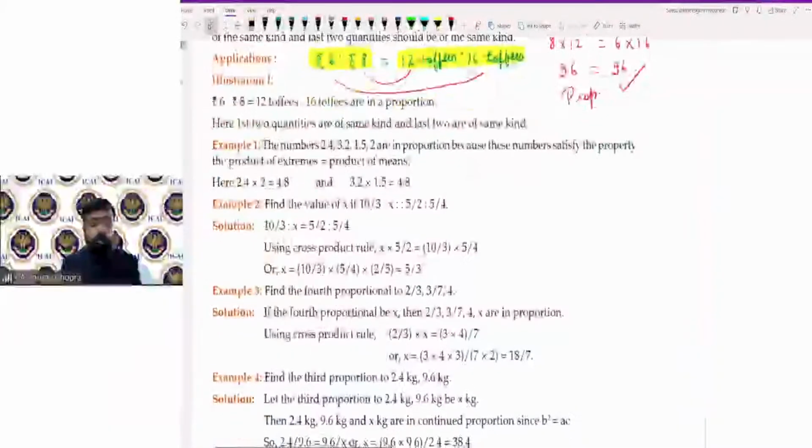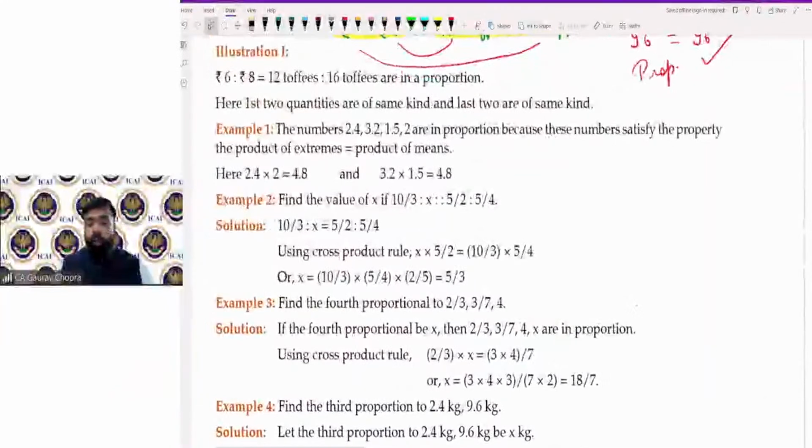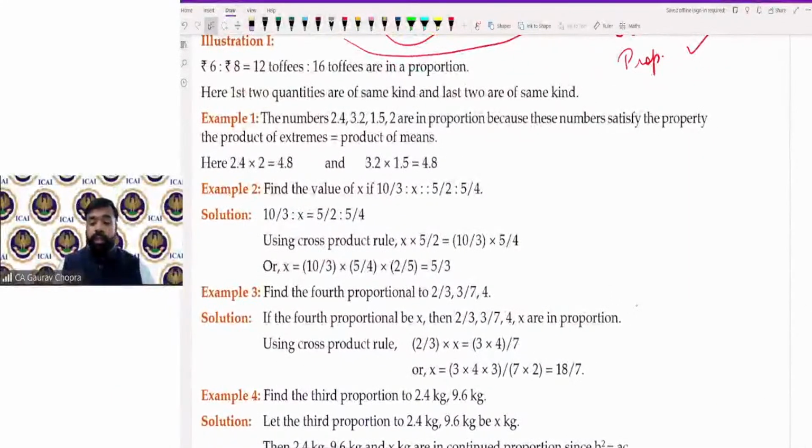So let's move towards example number 1. Now, example number 1 says the numbers 2.4, 3.2, 1.5, and 2 are in proportion. So we have to check whether these are in proportion or not. So let's check 2.4, 3.2, then 1.5, and then 2.